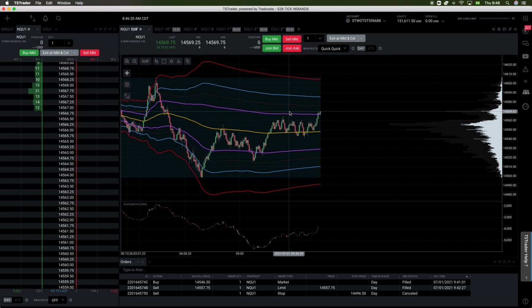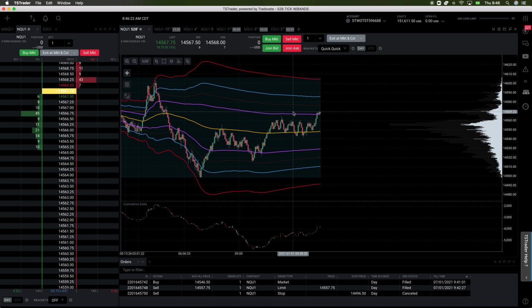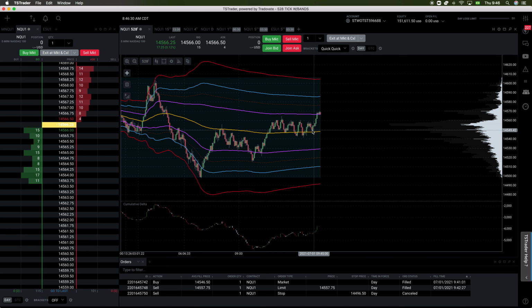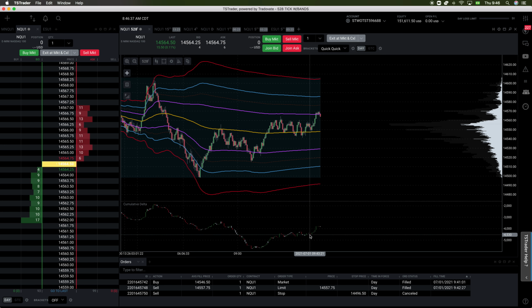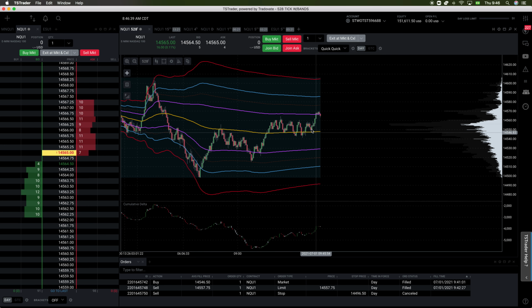But again, sadly, not here to catch every move. Just moves that I can see. And I guess that was a good entry because Delta made a higher low actually, so that was a good entry as well.